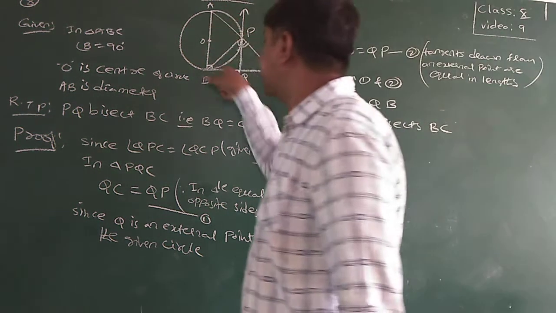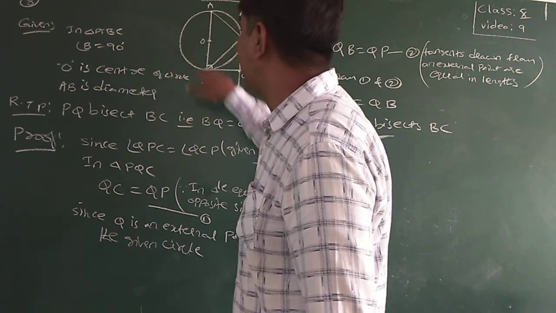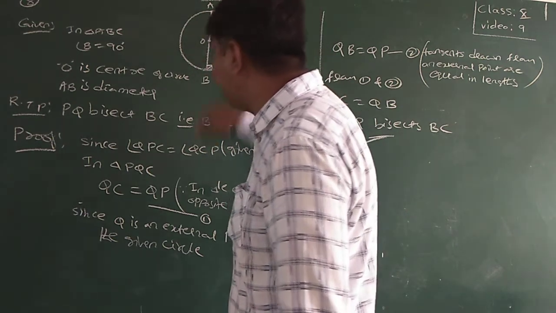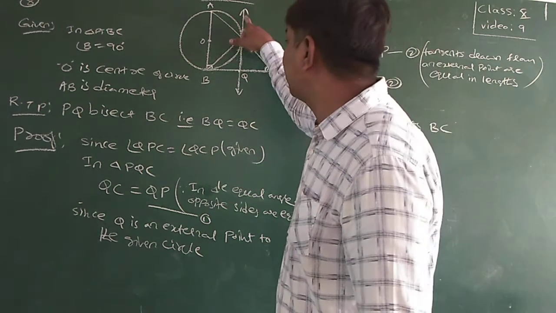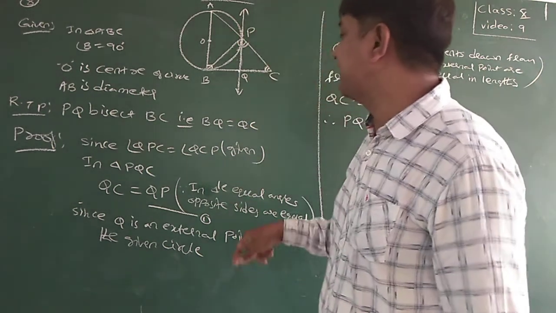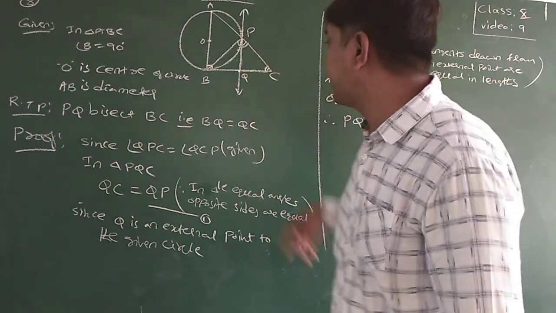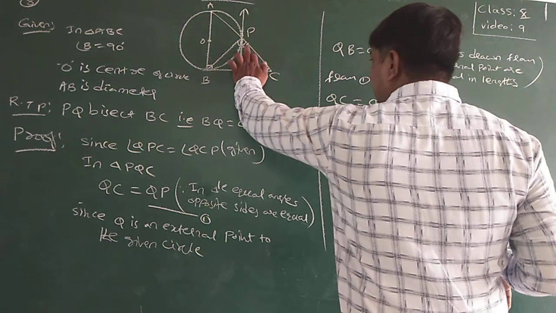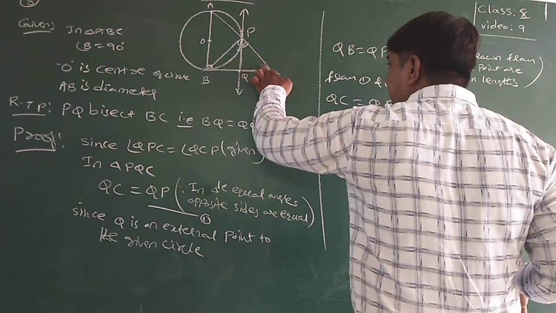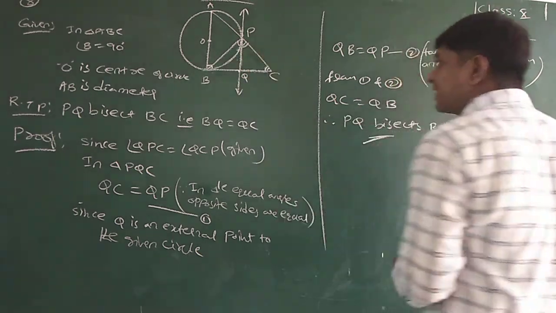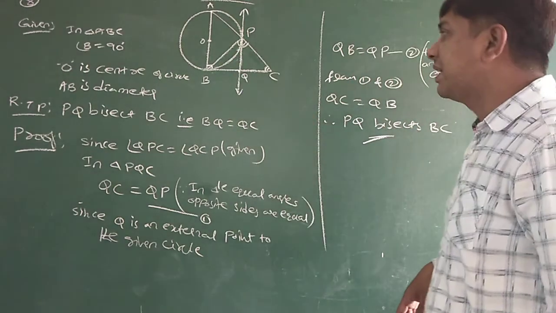In triangle ABC, angle B is a right angle, and a circle is drawn with O as center, considering AB as the diameter. We need to prove that PQ bisects BC. To prove that, first, from the figure, these two angles are equal. Now I consider triangle QBC. These two angles are equal, so their opposite sides are equal.